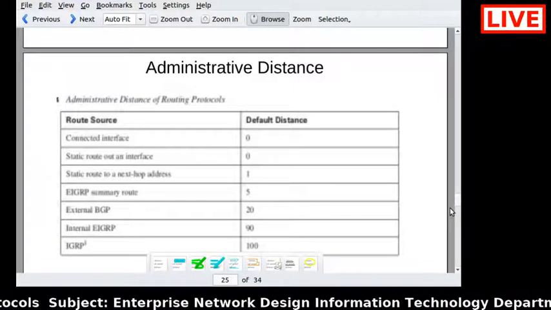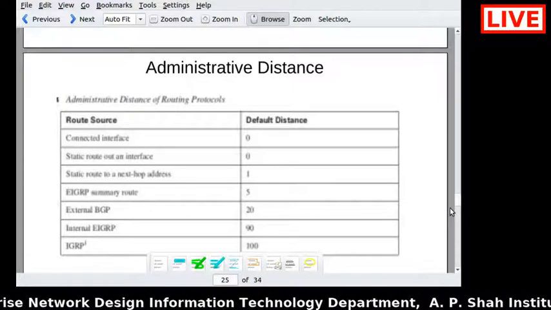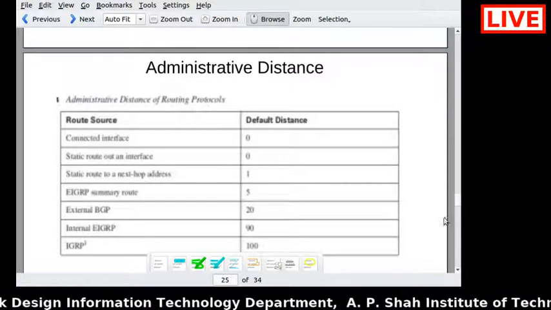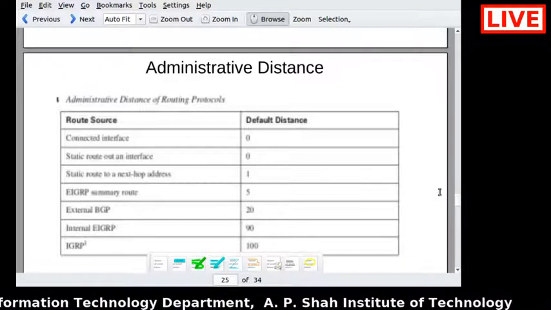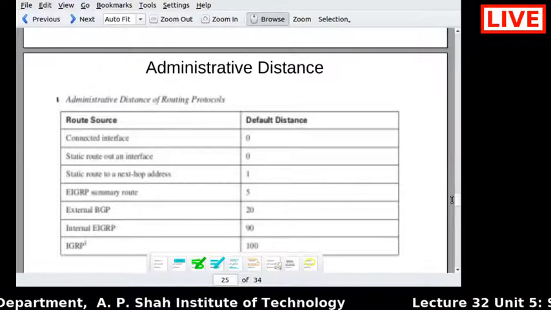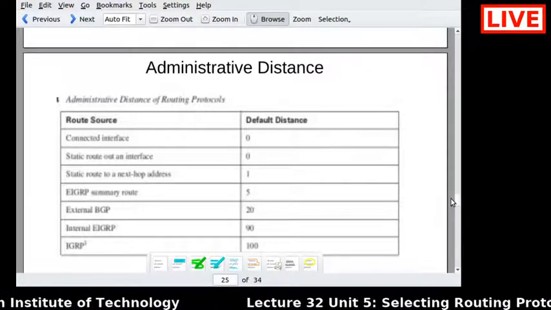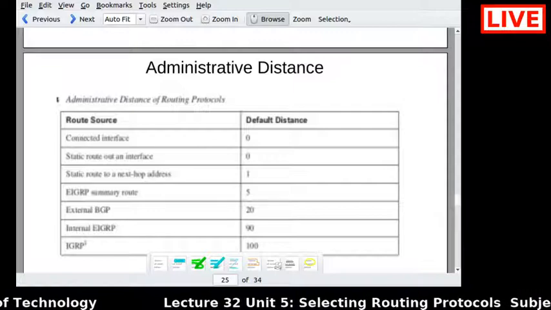With the help of the administrative distance, the network calculates the best path depending upon its value.